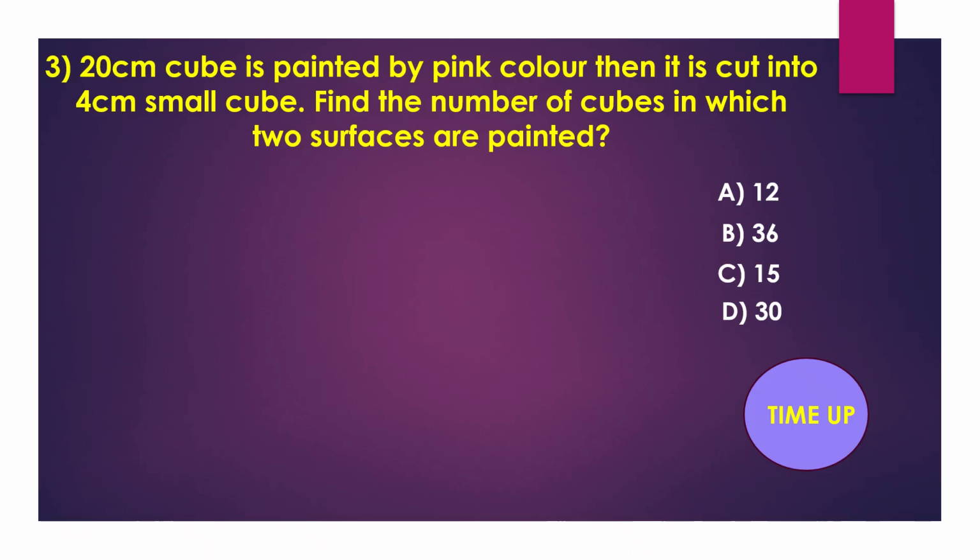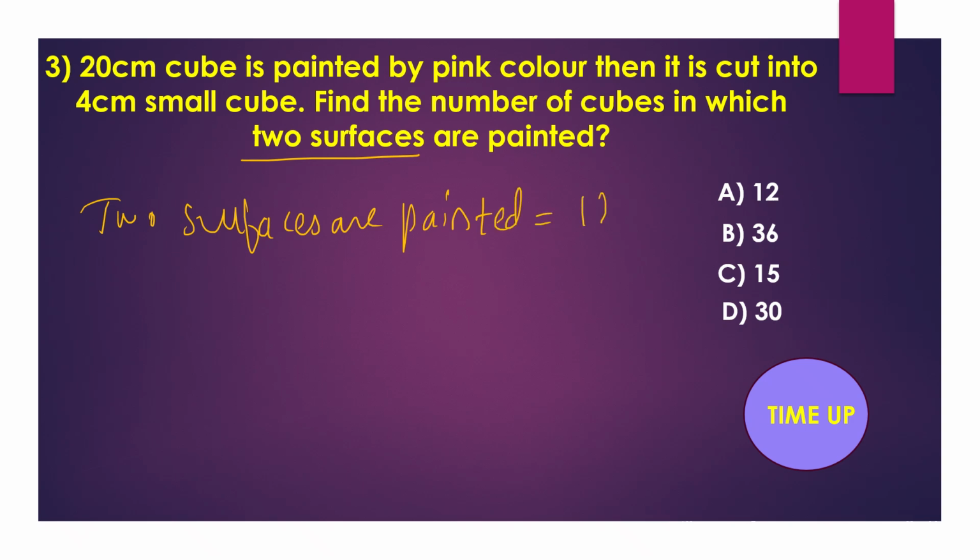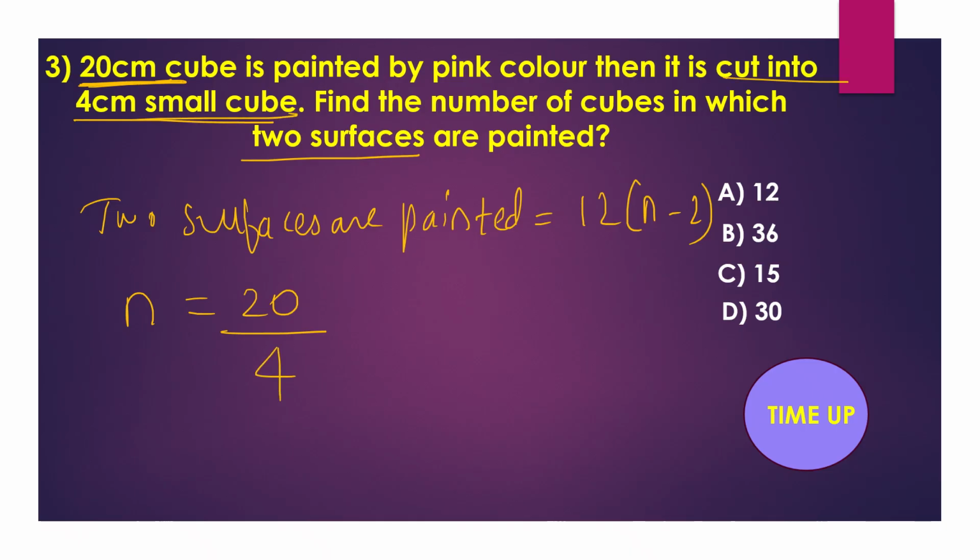So when two surfaces are painted, the formula is 12 into n minus 2. n is 20, the larger cube, divided by 4, the smaller cube, so the answer is 5.